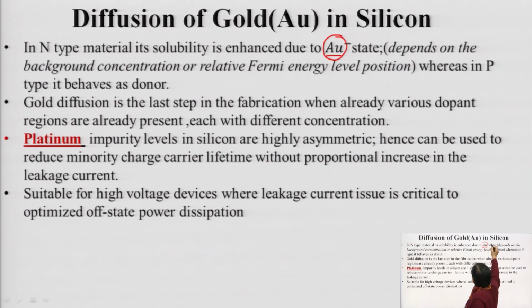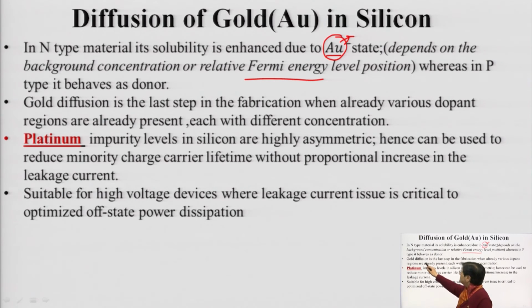So, you have gold with an electrically negative charge, and since the species penetrating are electrically negative, they have a tendency to go deeper into n-type material. It depends upon the background concentration and where the relative Fermi energy level is, whereas in p-type material they behave as donor impurities.